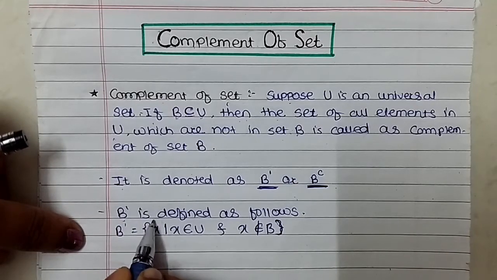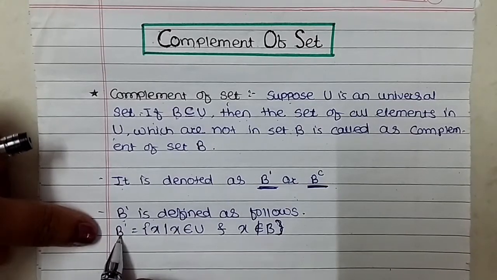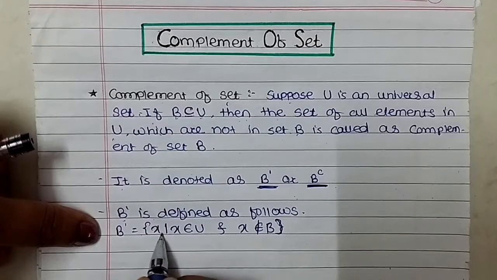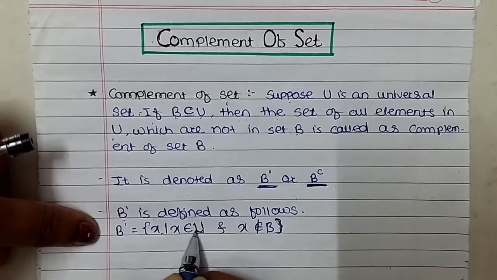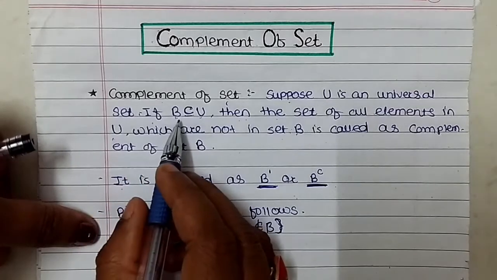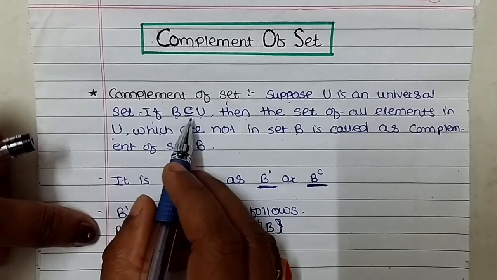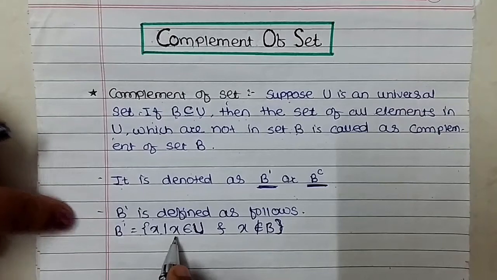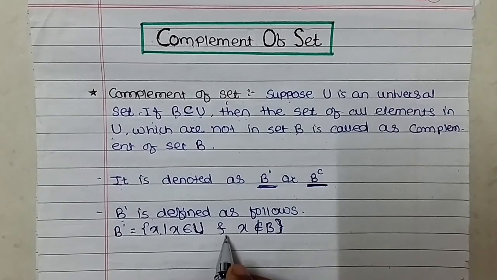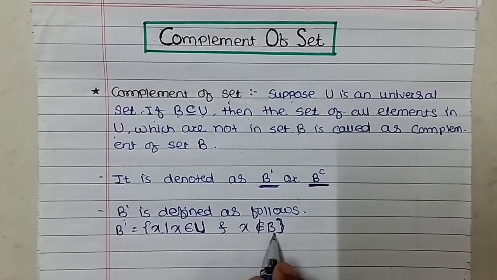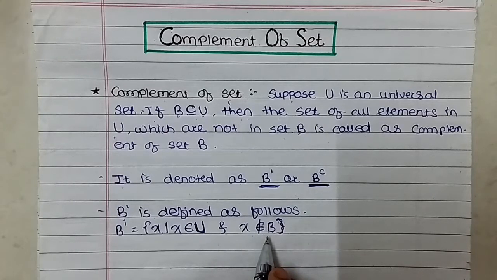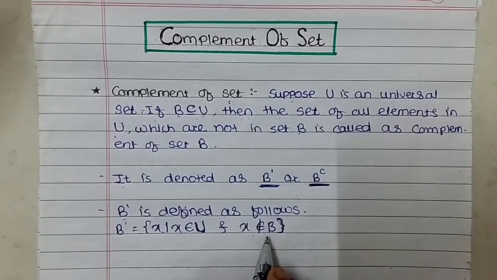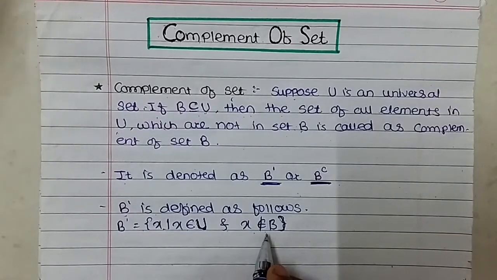B dash is defined as follows: B dash is equal to the set of x such that x belongs to U, because it is a universal set and B belongs to the universal set, and x is not in B. Those elements that are not present in B are treated as the complement of set B.